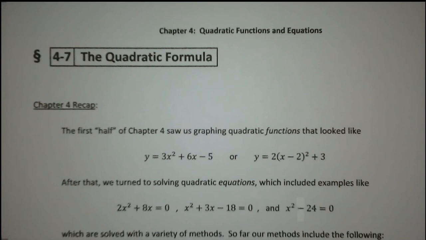On a side note, we're not even going to do 4-6, but don't worry about stuff like that. This is the second section that I think we're going to do this week out of 3. I think we're looking to do 4-5, 4-7, and 4-8 this week. Alright, so let's get right into it.